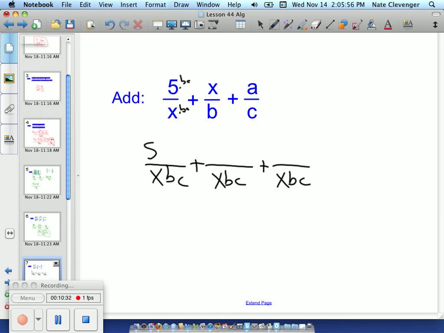BC. So 5BC. What's that be? X squared C. That's right. X squared C. ABX or XBA, the order on that doesn't matter. And then put it all over one denominator.